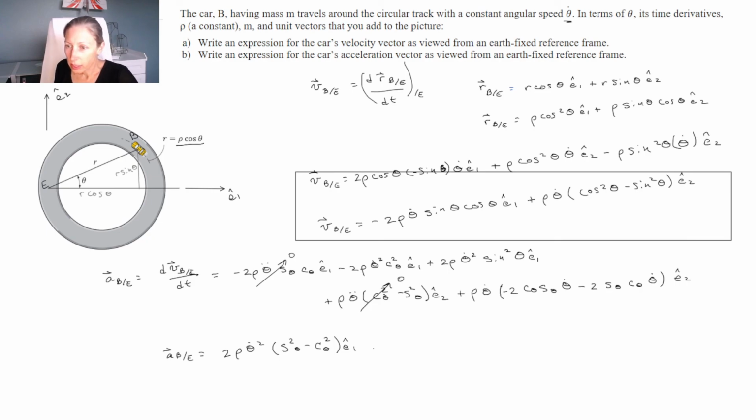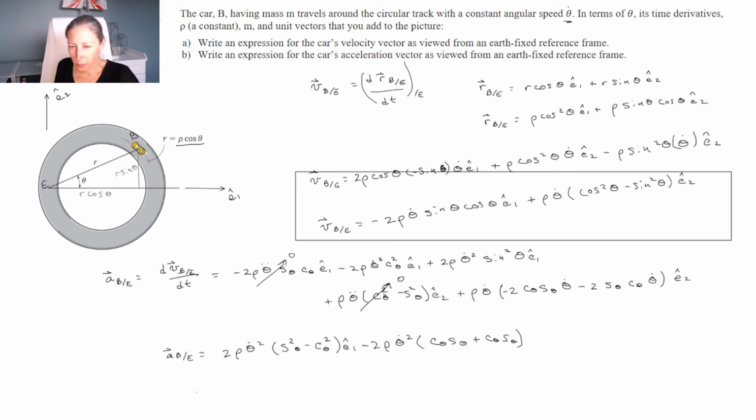And then plus rho theta dot squared. Oh, let me start over because there's a -2 that I can pull out. So minus 2 rho theta dot squared times cosine theta sine theta plus cosine theta sine theta.